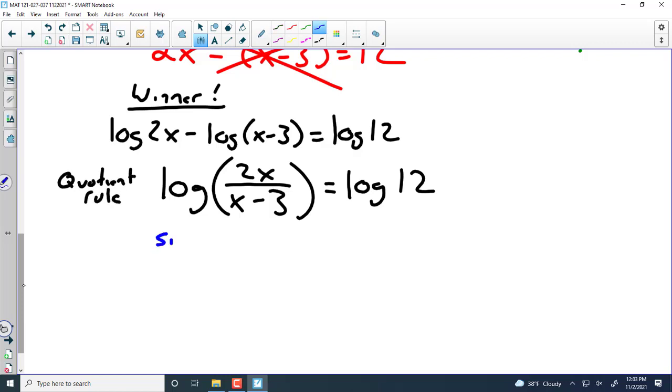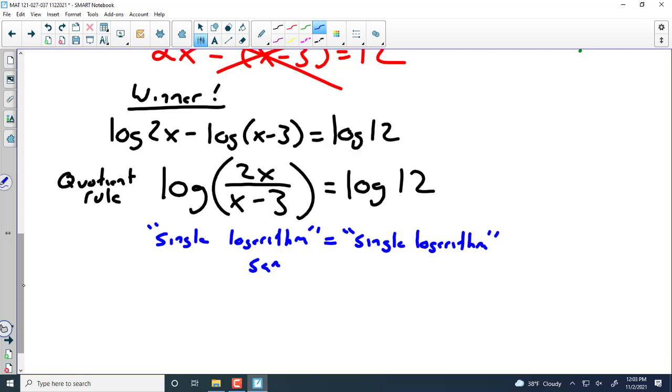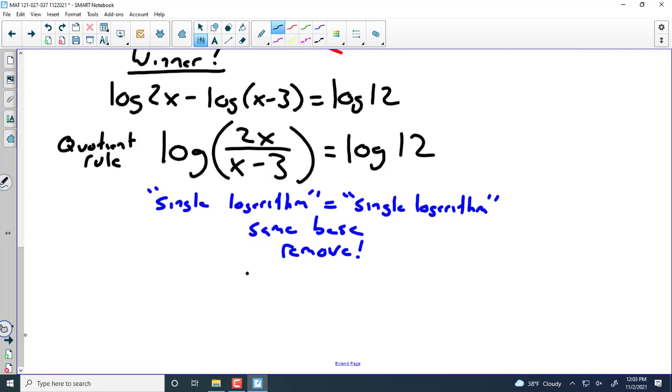And now, when you have a single logarithm equals a single logarithm, and they have the same base, you remove. I know it's a lot of details, everyone.